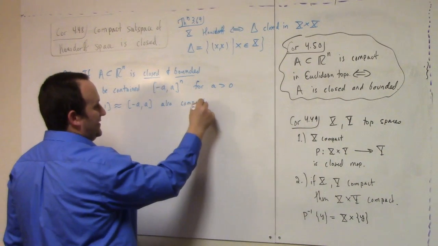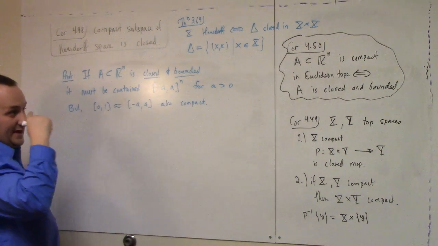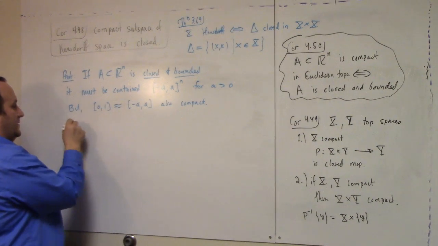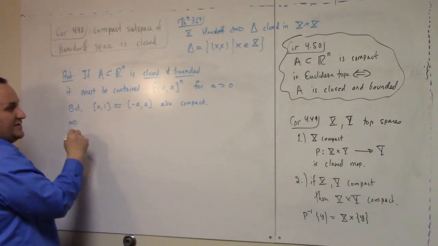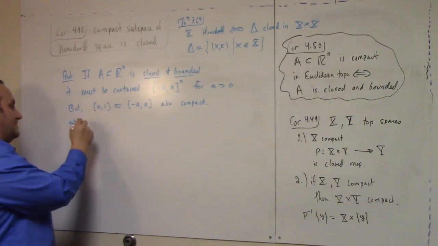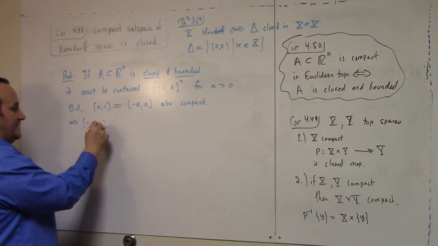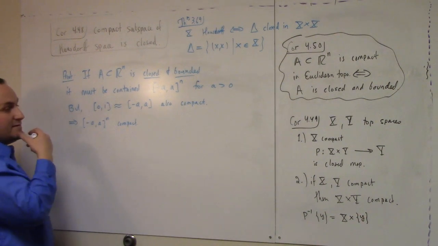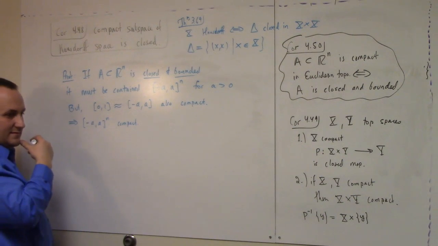Then just what Daniel's saying. So what we then have is that, through the inductive extension of what we proved over here, if you can do it for 2, you can do it for n. We have minus a to a to the n compact. So any subset of that is also going to be compact.